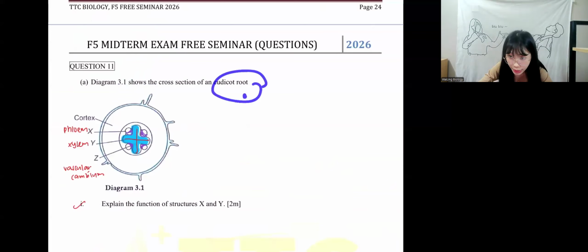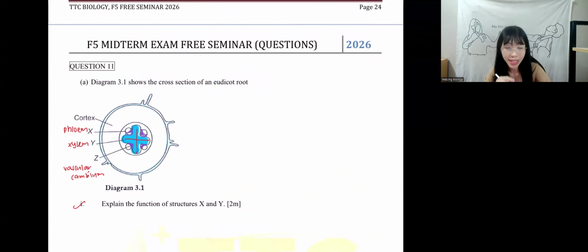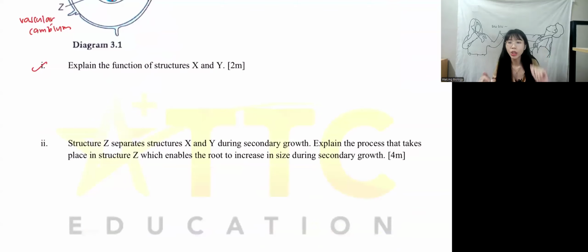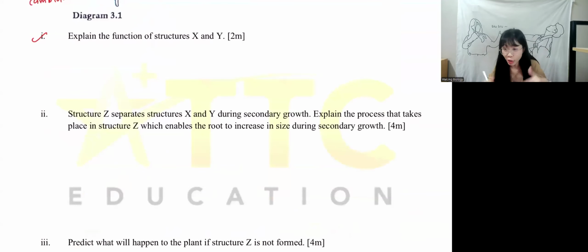Even though this is a root, just now in the notes we learned about stem. It's the same thing. The xylem goes inwards, the phloem goes outwards. It's by vascular cambium. How do they form? Mitosis process. Then it will produce more different tissue.